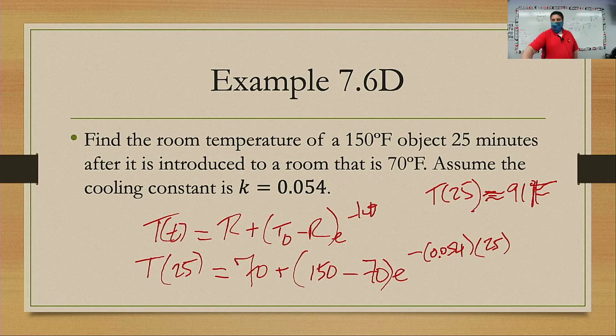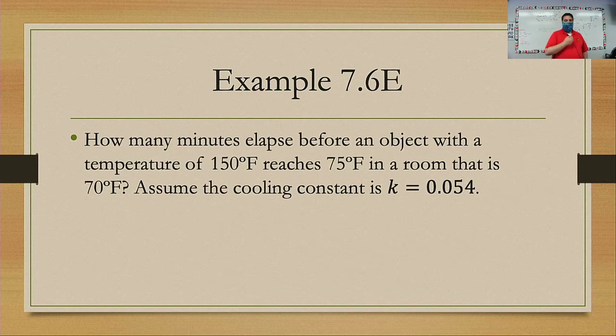All right, example E, let's say we want to know how long it takes to reach a specific temperature instead. This problem is essentially the same, except we're solving for time because we're given a temp. So I know I want my temperature to be 75 degrees.